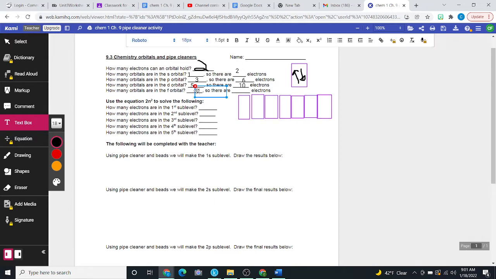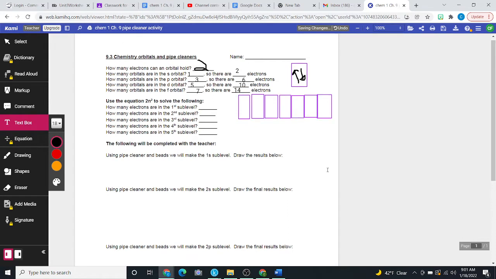So this is going to be 7. And if each box holds 2 electrons, then that would be 14 electrons. Now, normally, with the elements that we use in discussing chemistry, we normally don't get to F orbital. Now, I'll throw some in there to practice so you know how to do them. But normally, we won't ever see F orbital all that often.